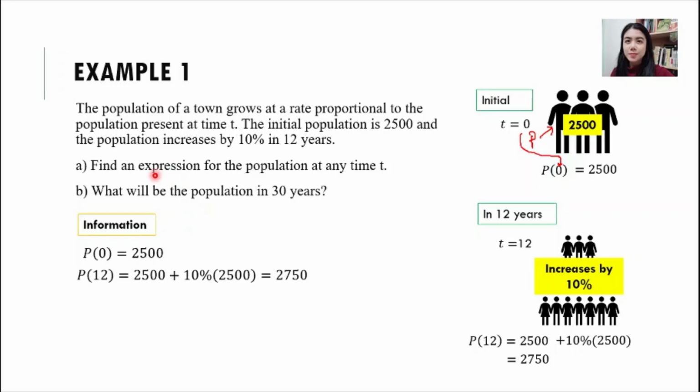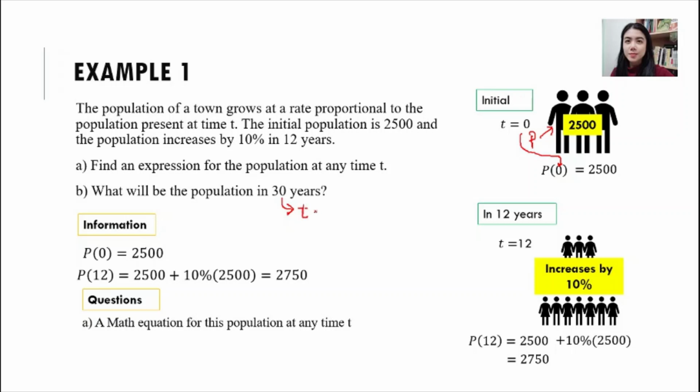So let's just look at the questions. The question says to find an expression for the population at any time t. When we say an expression, it means that they ask us to find a mathematical equation for this population. For B, what will be the population in 30 years? In 30 years means that your t is basically equal to 30.